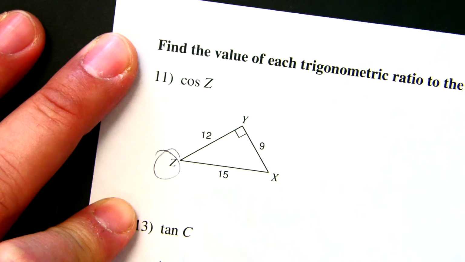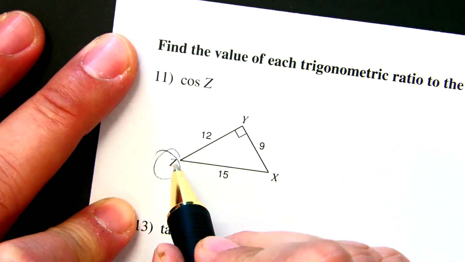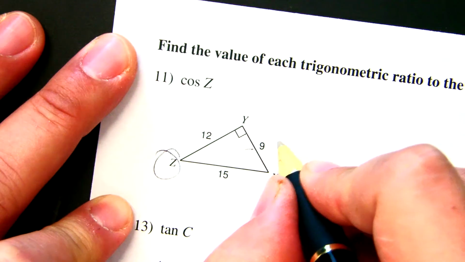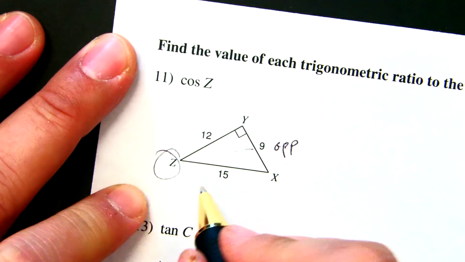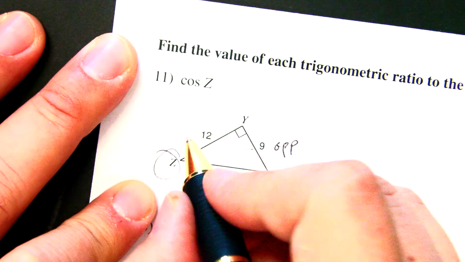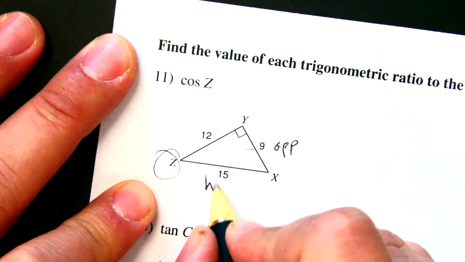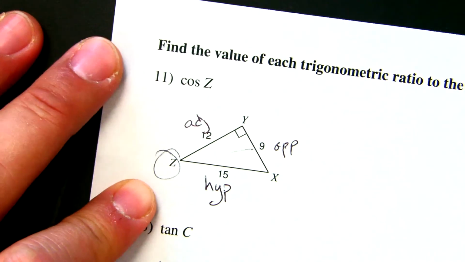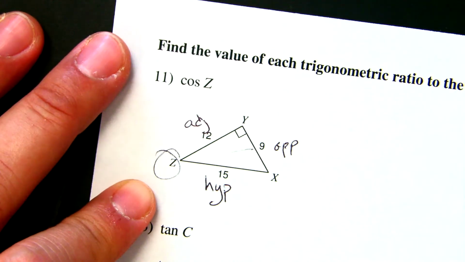Everything is with respect to angle Z. What is opposite? Opposite Z would be this side here. So I will label it opposite. Which side is adjacent? Well, the hypotenuse is here, so this one is adjacent. Okay, now I've got my three sides labeled.